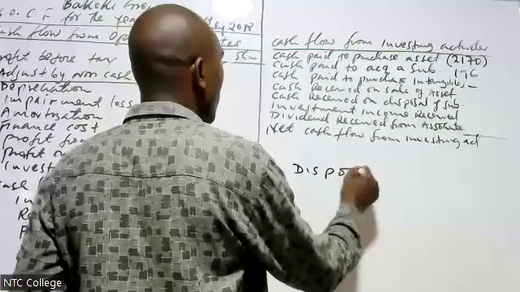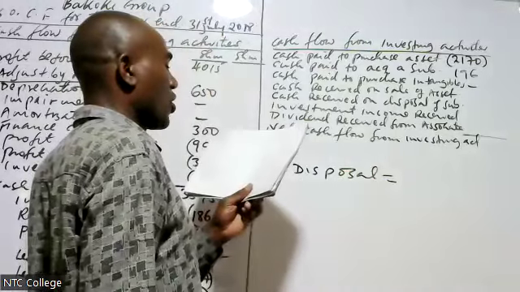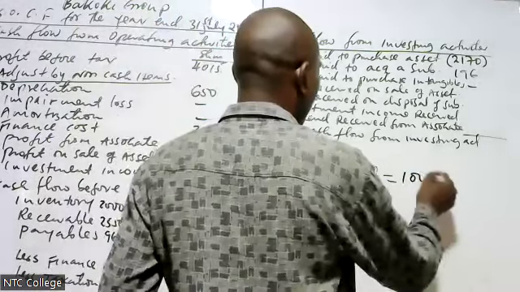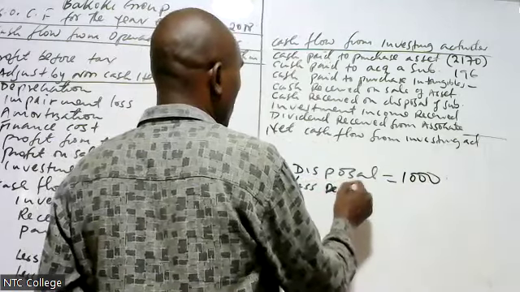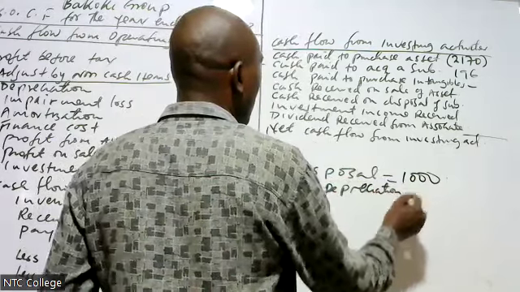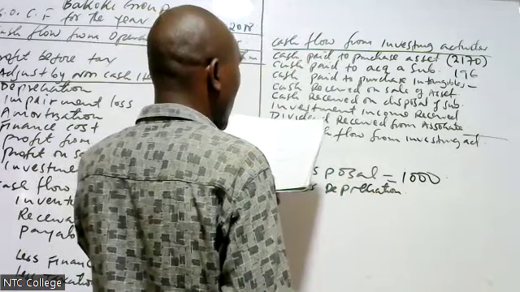When you check on disposal during the year, assets disposed was 1,000. We come to less depreciation that was disposed in note number 5.